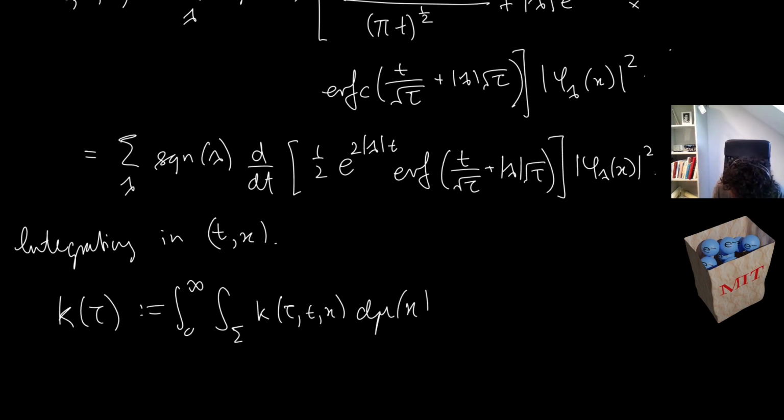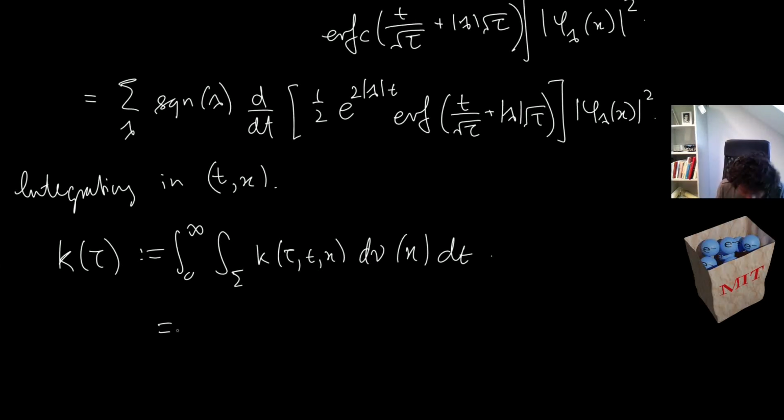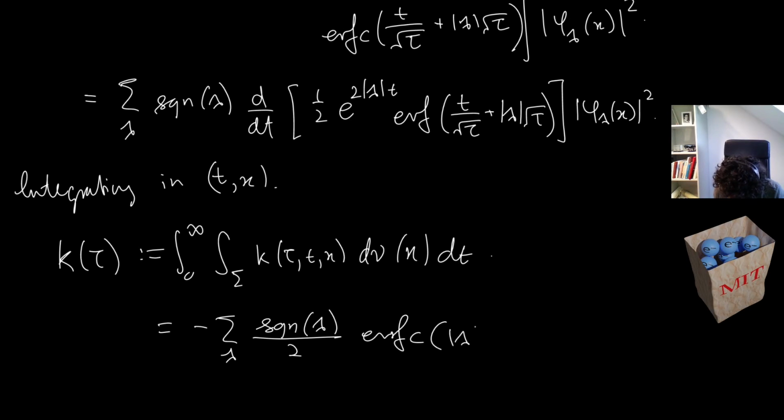Sorry, this is d nu, isn't it? I think we had the measure nu on the boundary. dt. This is equal to negative lambda signum to c modulus lambda tau, square root tau.